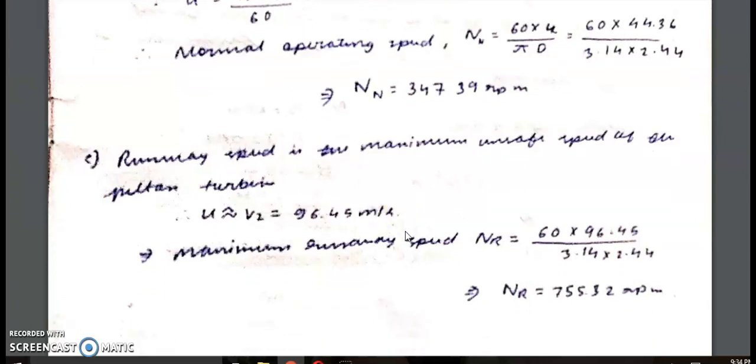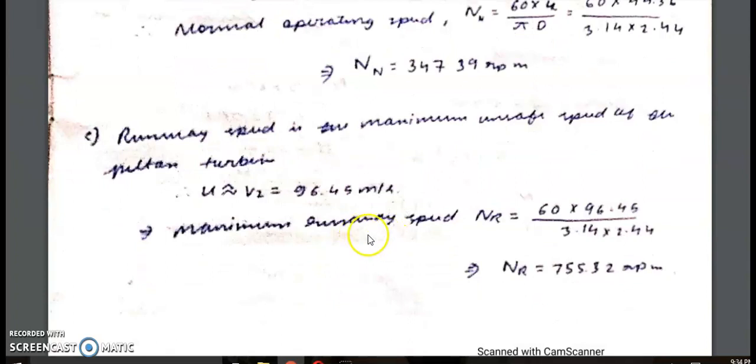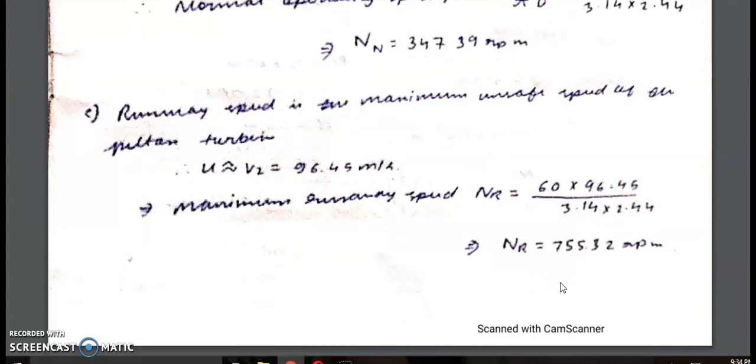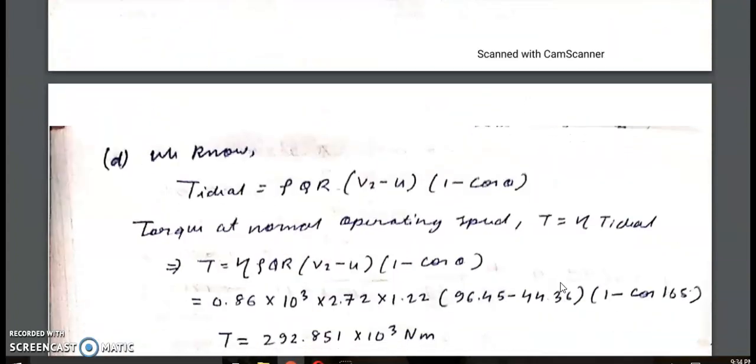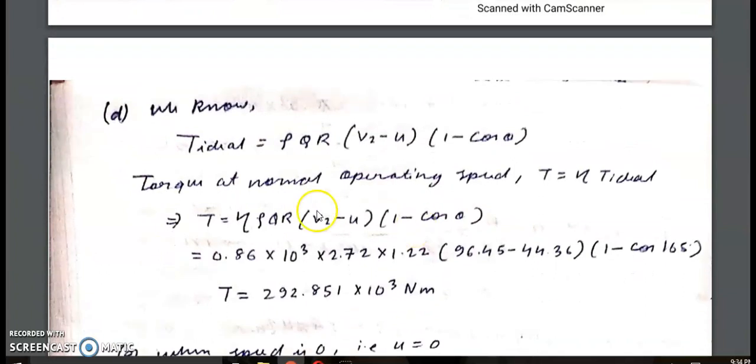So now putting the value of maximum runaway speed, that is Nr equal to 16 to 96.45 by 3.14 into 2.44, we get the rpm to be 7553 rpm.